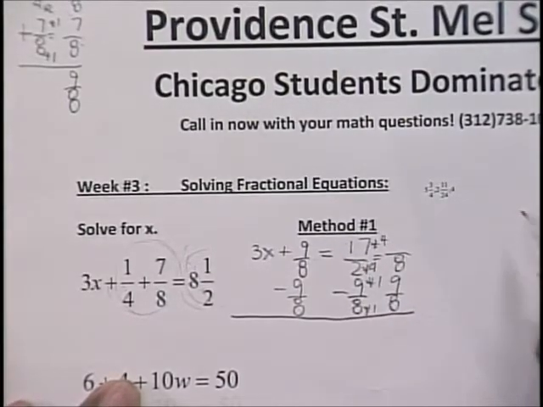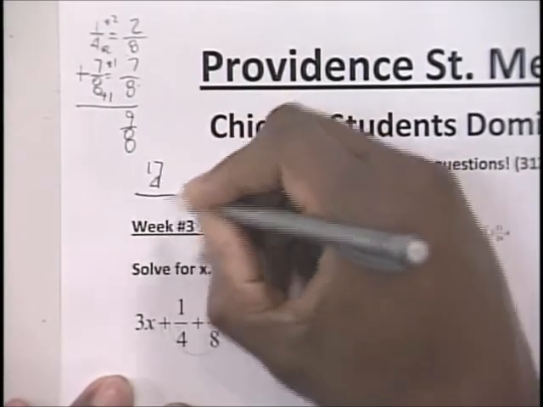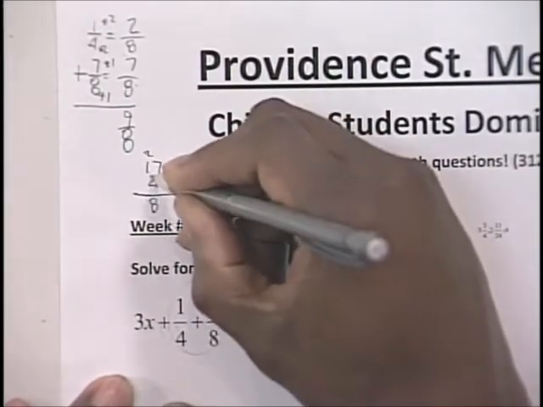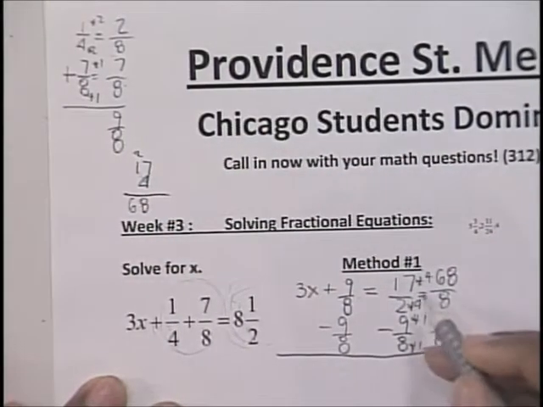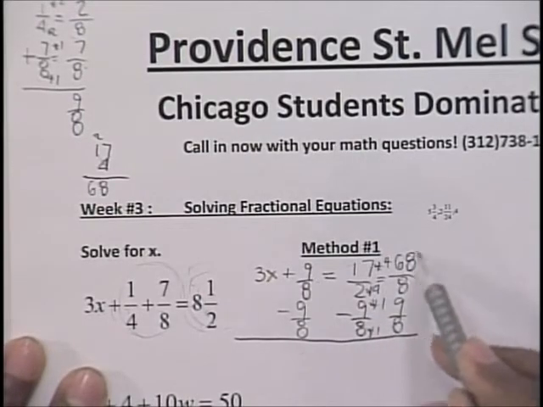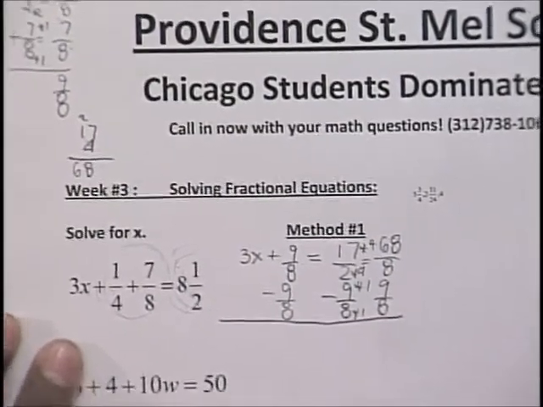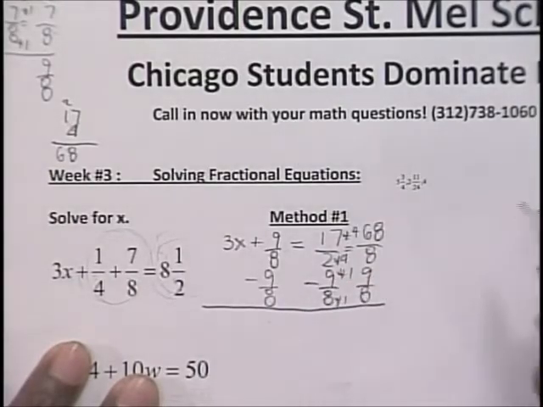17 times 4, let's show the work. 17 times 4, you get 28. Carry the 2, you get 6, 68. All right, there's no difference between 17 over 2 and 68 over 8. It's the same value. Now you're going to subtract 68 minus 9.